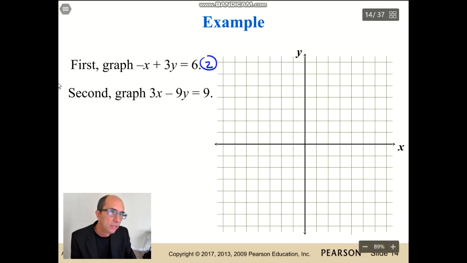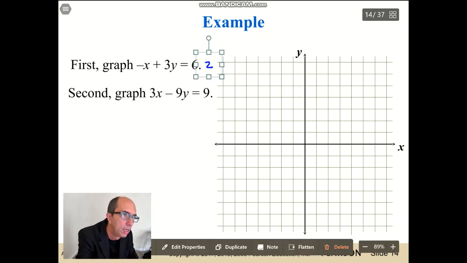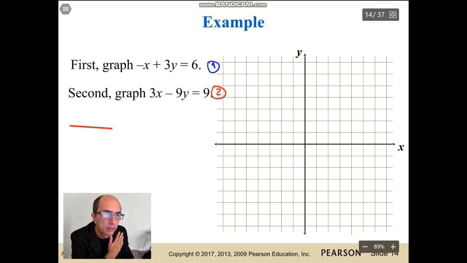Let's use number 1 here: equation number 1 and equation number 2. And let's make the points to draw the graphs. Number 1, number 2.